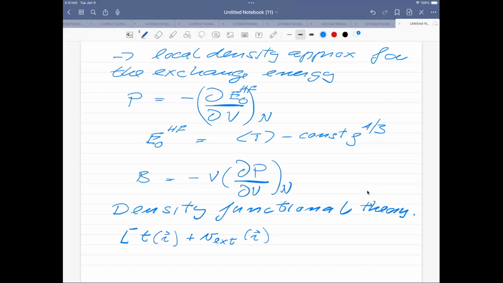So there's an external potential, and then there is a new term, which we are going to bring up here, which is a function proportional to the density. So there's a d of r', and then I have my density, which I'm going to define in a moment. This is primed.